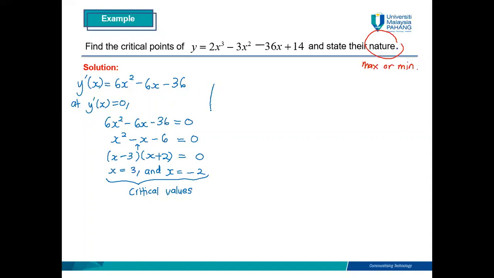If we have y at 3 masuk dalam original function, 2 times 3 cube minus 3 times 3 square minus 36 times 3 plus 14. So macam mana?